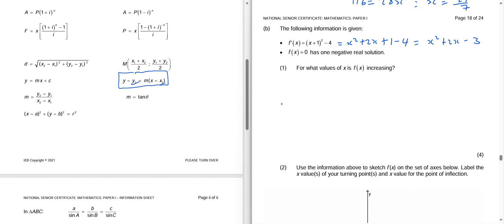Okay, and then f of x has one real solution. Remember, we have f prime of x and f of x. Before we do whatever, now we need to try and think, what is this? This is a quadratic expression, right? Or a quadratic function, right?